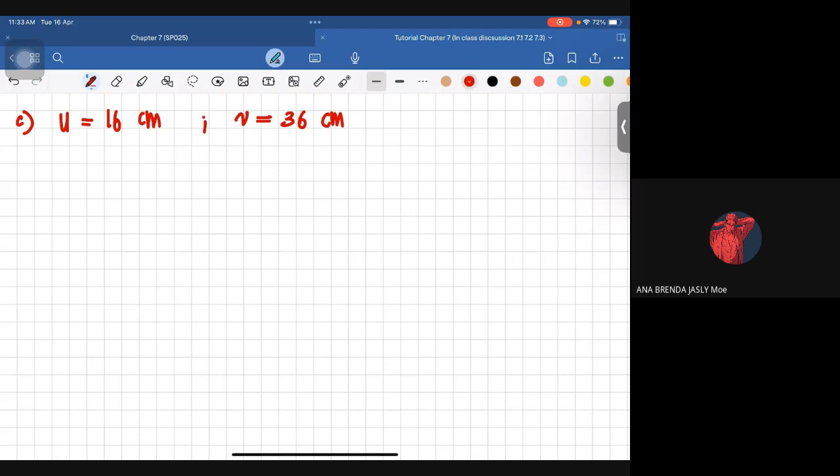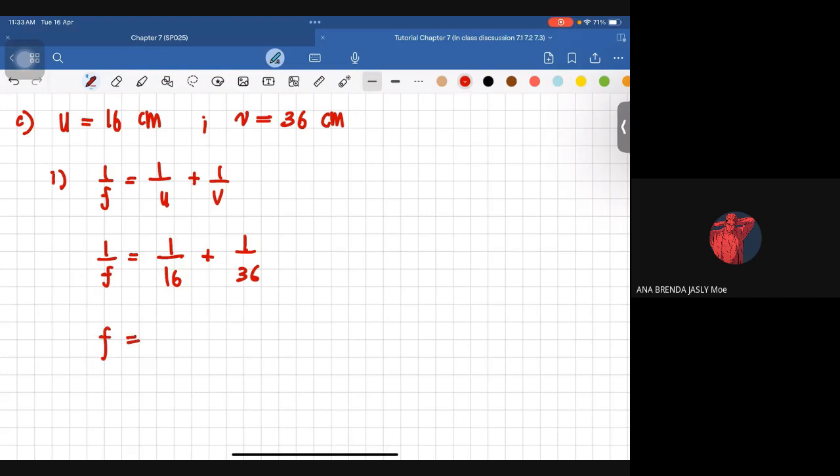So apply je lah. This is 1/f equals 1/u plus 1/v. So we are looking for the focal length. Why did I write 10 there? Should be 6. Here, and then you will get 11 centimeter. Okay, so jawapan dia di sini 11 centimeter.